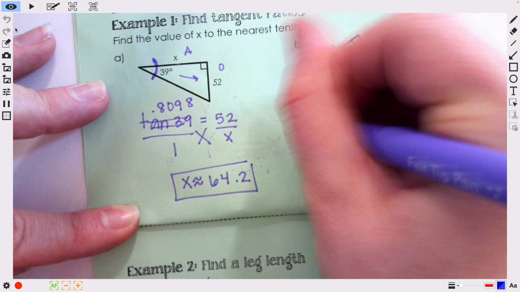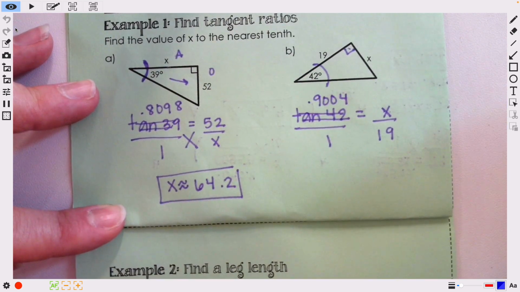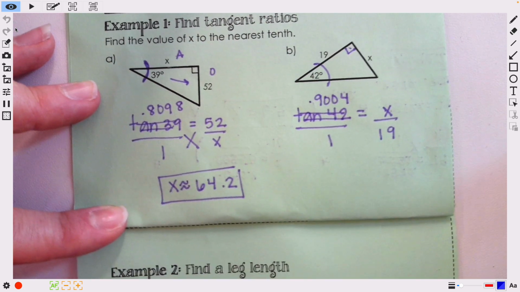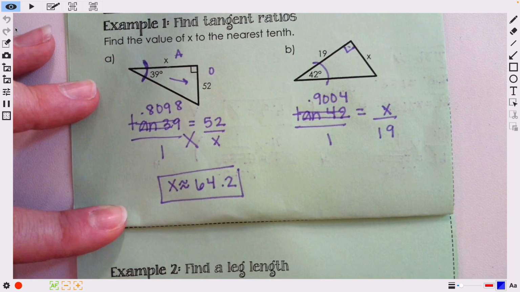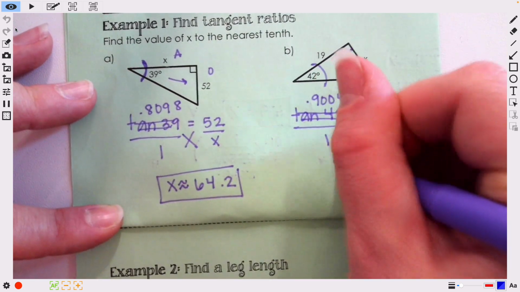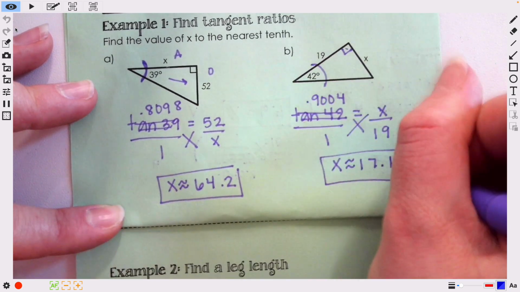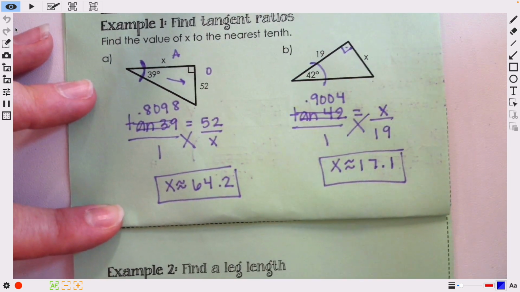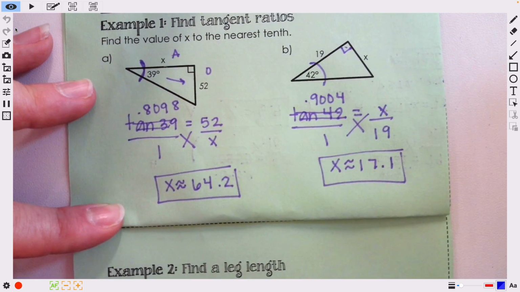And sometimes the rounding, you guys, is not always one decimal spot, and that's okay. This one you have a little 4 at the end. All right, times it by 19, and we get 17.1. Again, it should always make sense because you should know which side has to be shorter than the other.